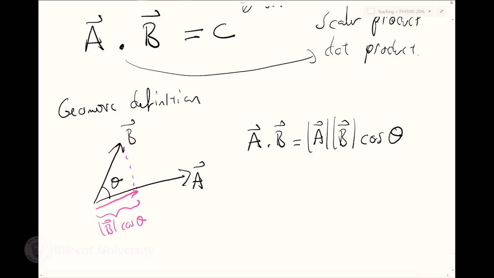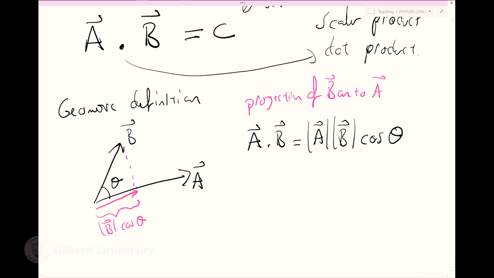Now if I multiply this projection by A, it gives me the dot product. So this is telling me something about the projection of B onto A. So this tells me how aligned my two vectors are. Right?